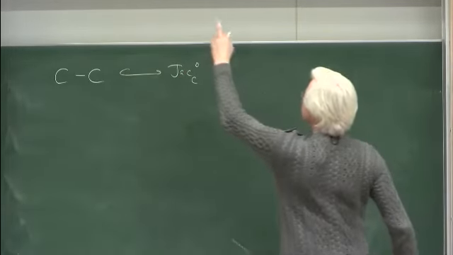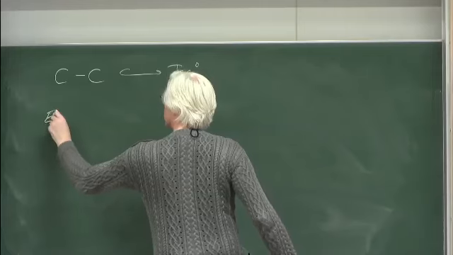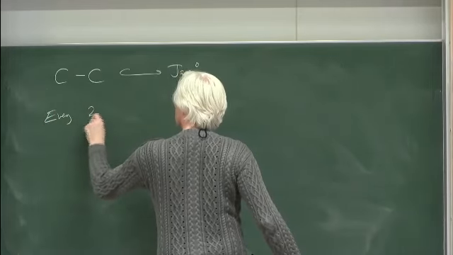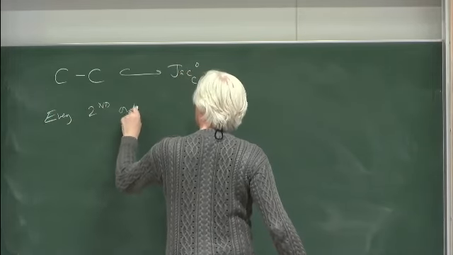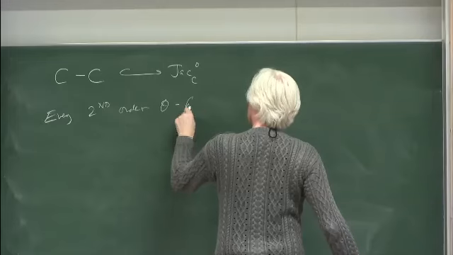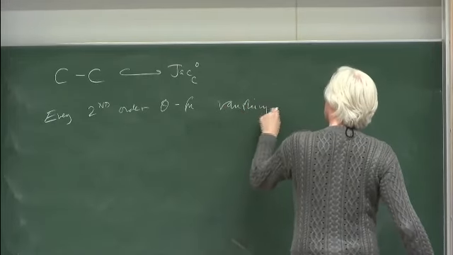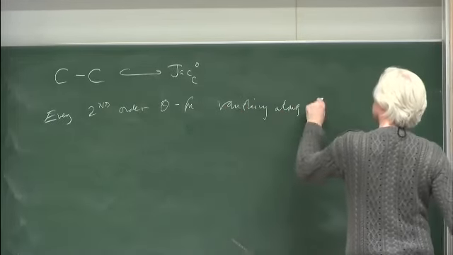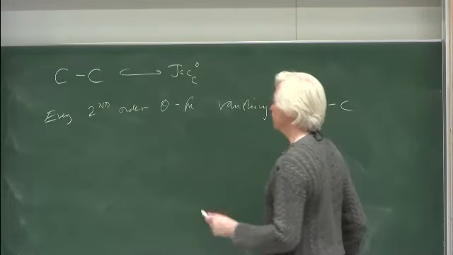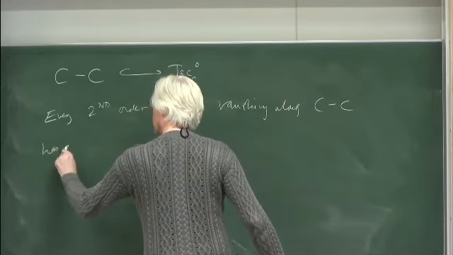Their argument depends heavily upon the fact that every second order theta function vanishing along this difference surface, C minus C, has a fourth order singularity at the origin.